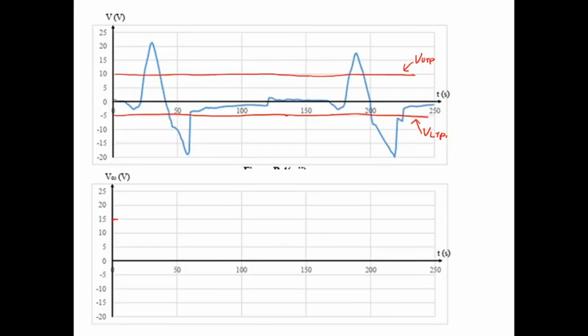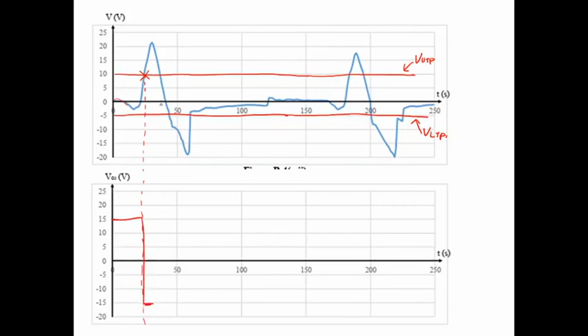You trace along the input waveform. You find the next VUTP because your present output voltage is plus VCC. This is the first VUTP, and at this point it will switch to minus VCC, which is minus 15.